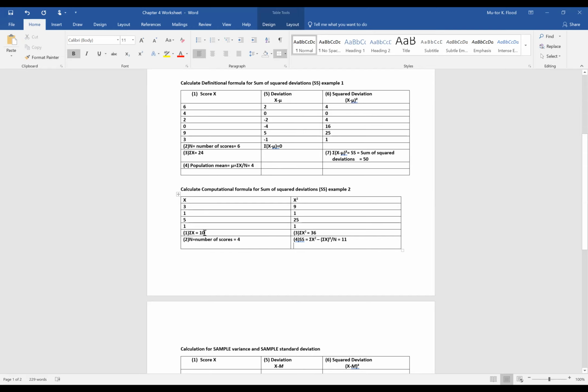Then we're going to square our sum of the scores, which would be 100 over 4. So 100 divided by the number of scores, which is 4. So 100 over 4 is 25. So 36 minus 25 gives us 11.